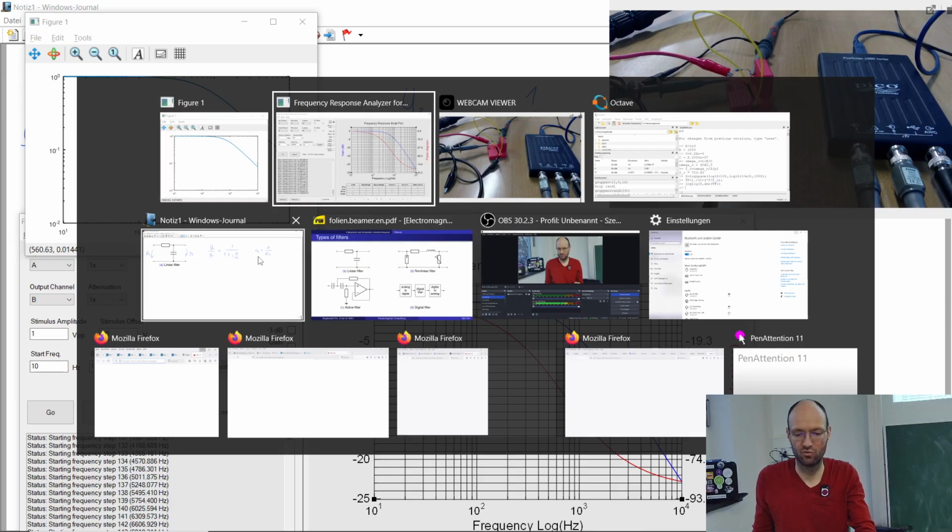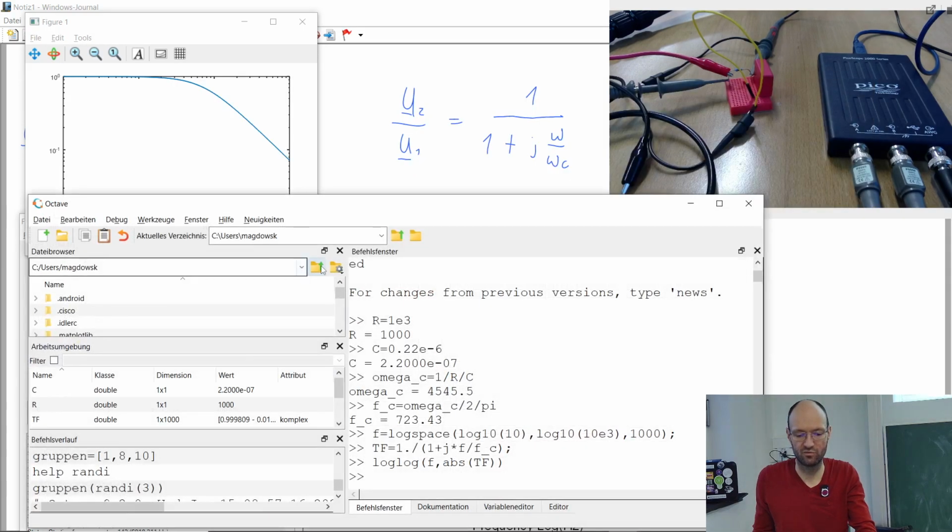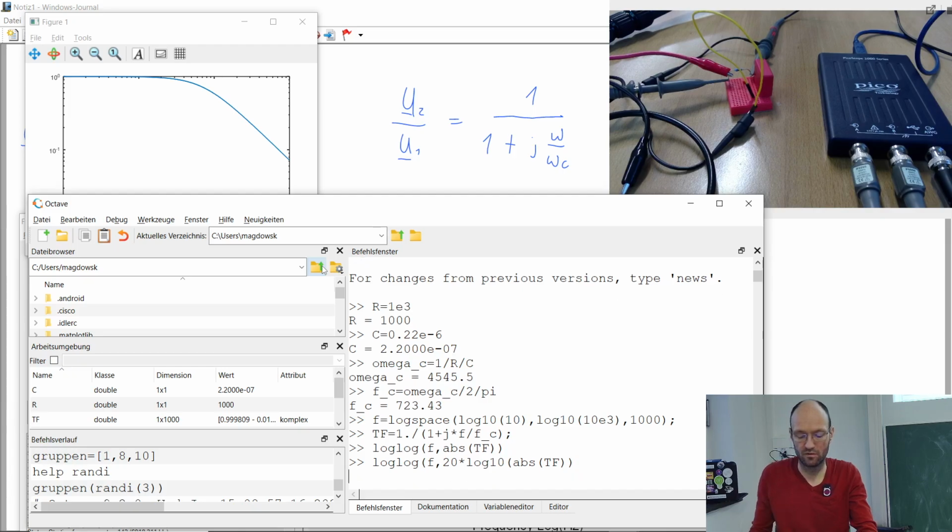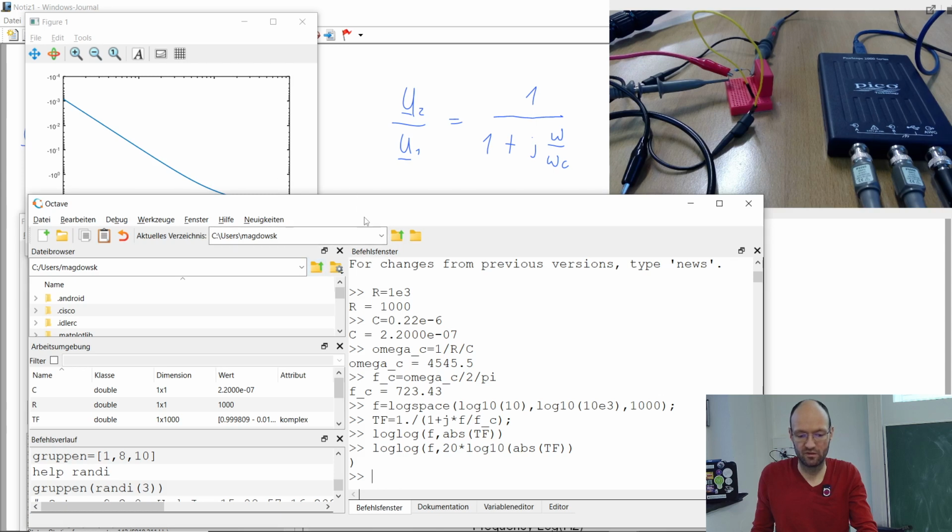If we would like to scale it in dB for better comparison, what would we do with the transfer function here? Take 20 times the decadic logarithm of this. Oops. And if I replot, there's a closing parenthesis missing. So then it looks like this.